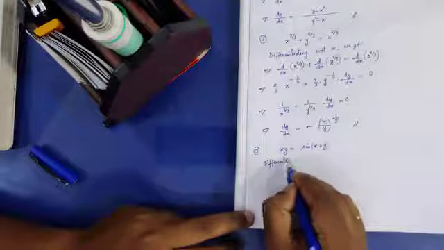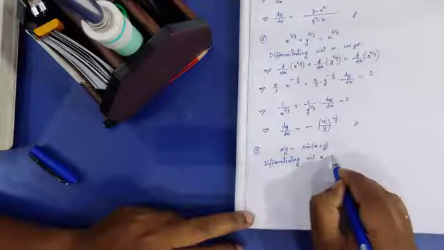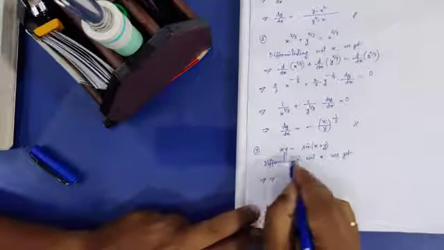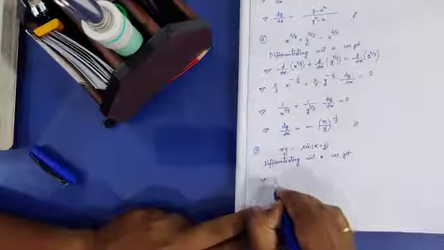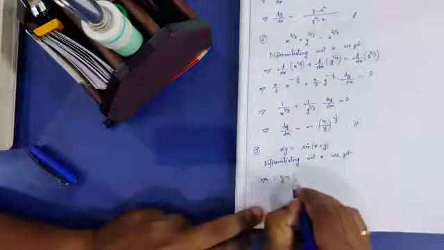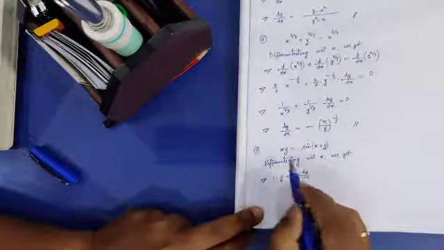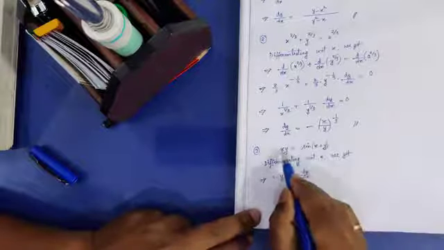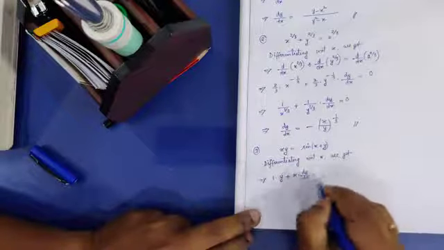Now differentiating with respect to x, this is u into v again, the product rule. For x the derivative is 1 and y is multiplied, plus x into, for y, dy by dx.